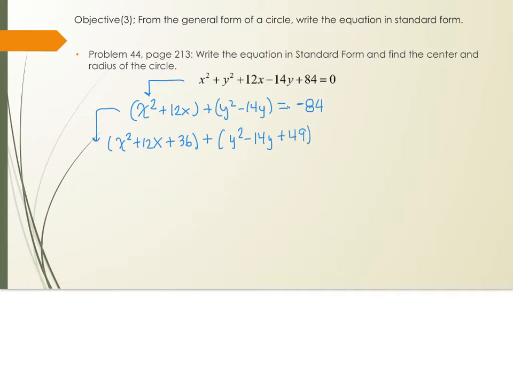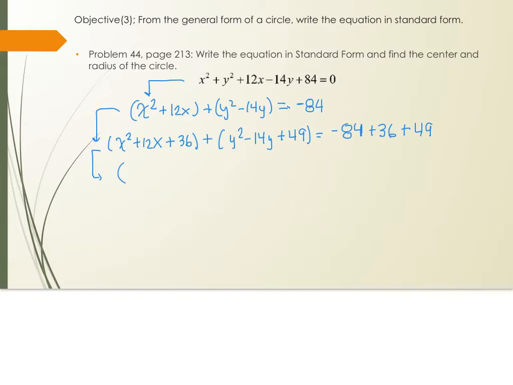But now we have to add what we added on the left-hand side of the equation. So we added a 36, and we added a 49.